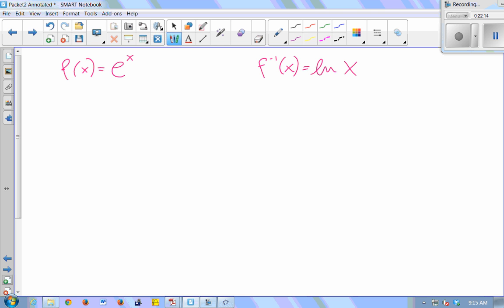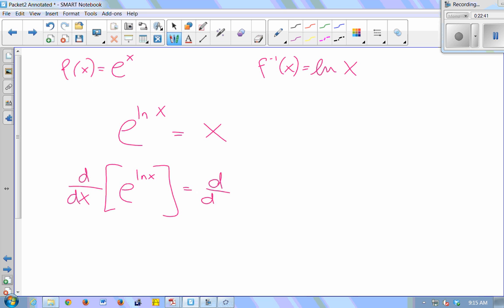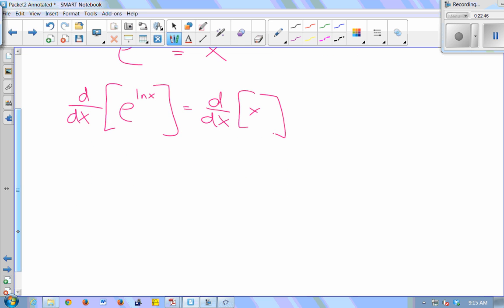So I could write a true statement by composing those two functions, and I should get x back, right? So I have e to the ln of x should give me x. Compose two inverse functions, you get the x back. All right, so then I use my special trick, and I take the derivative of both sides, d dx of e to the ln x equals d dx of x. Right side's easy. D dx of x is 1.